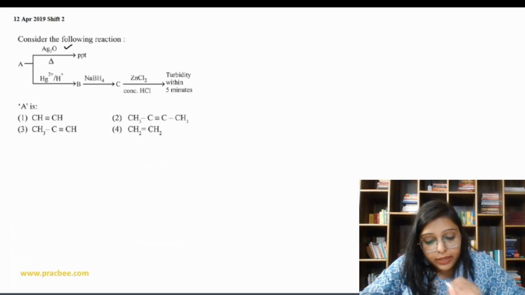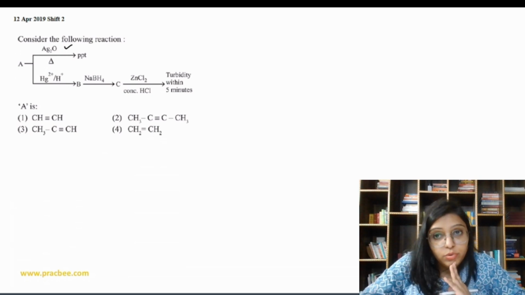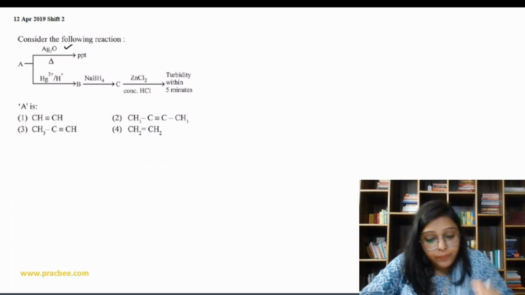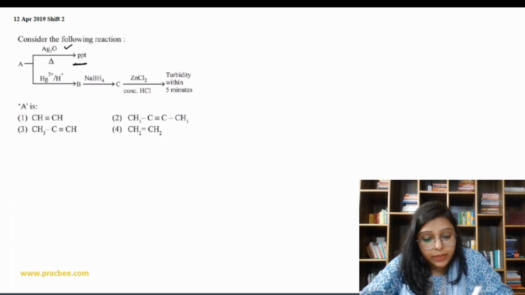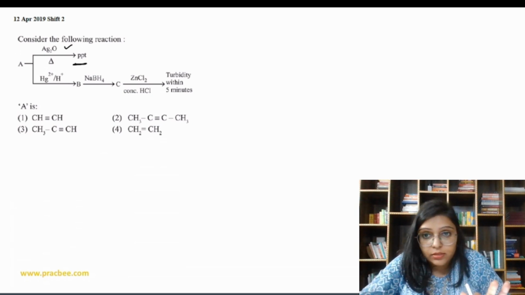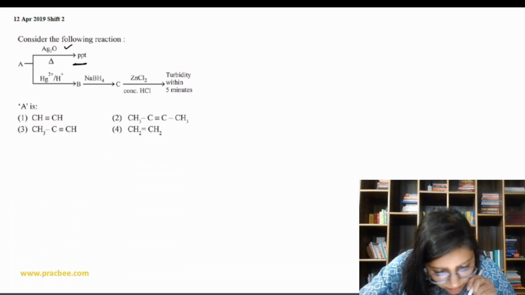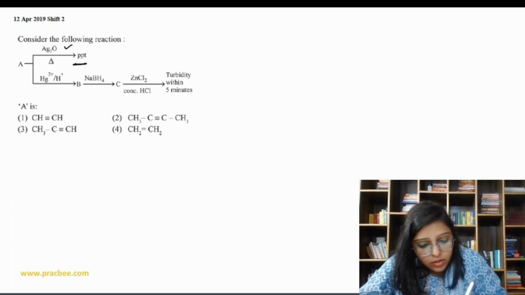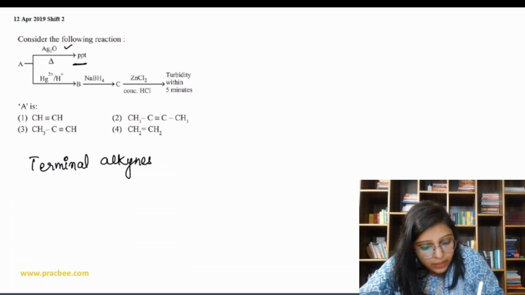We have Ag2O and heat. So what are we going to do over here? Ag2O and heat. See, with heat we get a precipitate. If you look at the options, we have alkynes and alkenes. Terminal alkynes are acidic.